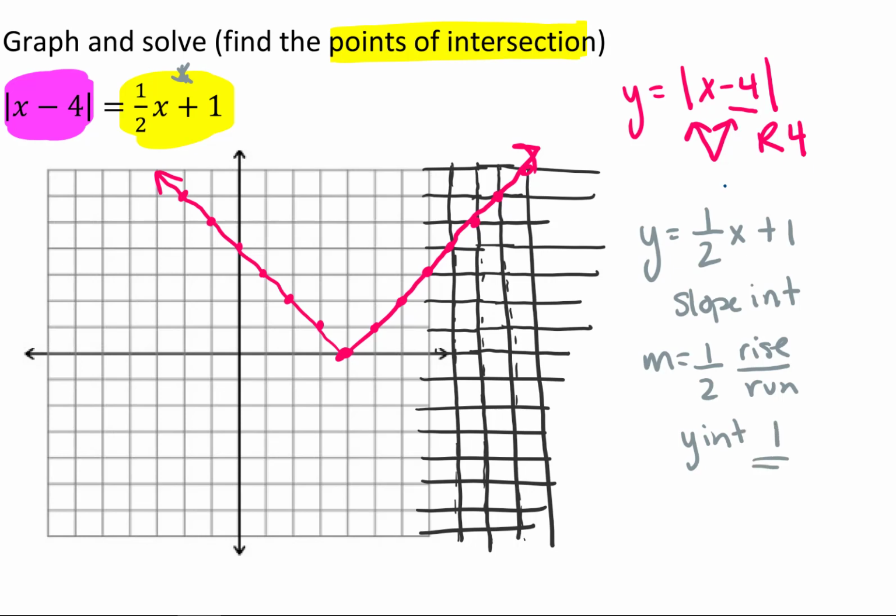So I'm going to graph my y-intercept, and then I'm going to count rise over run. So we have 1 rise, 2 run, 1 rise, 2 run, and so on. And then I'm going to graph my line.